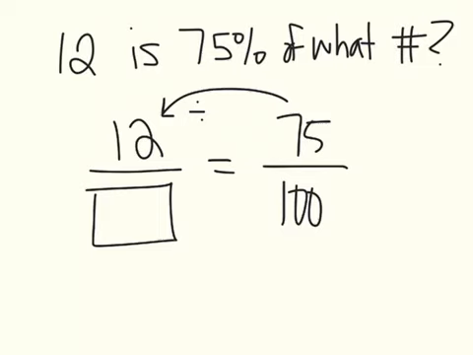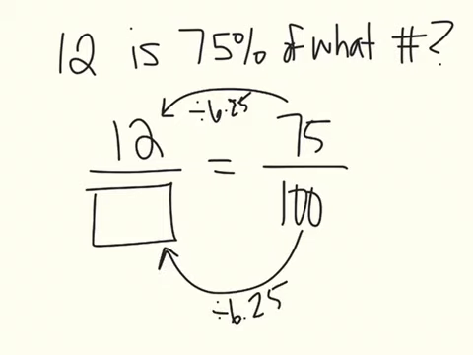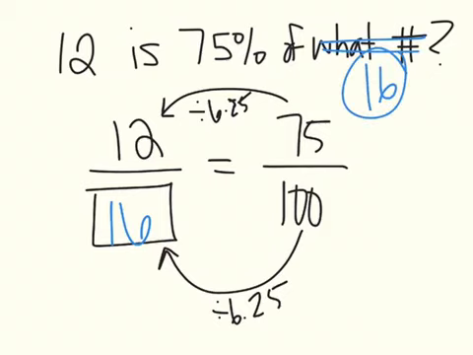You should be doing the same thing. I know that I'm dividing by 6.25. So I'm going to do the same thing to 100. I'm going to divide by 6.25. Once again, typing that in on my calculator, I get an answer of 16. So 12 is 75% of 16.